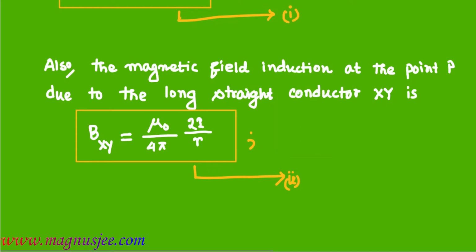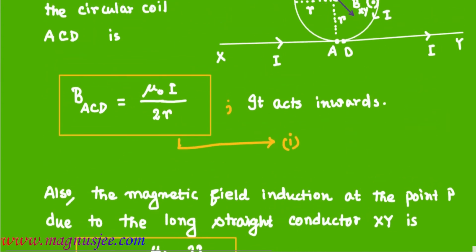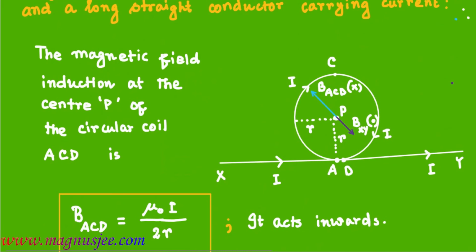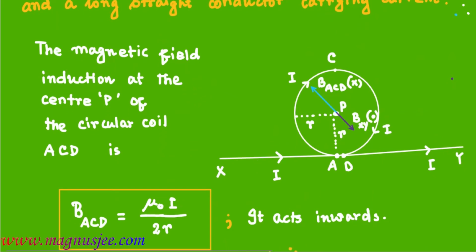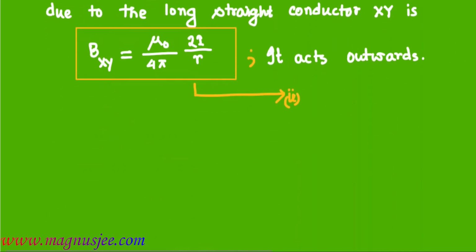We get two magnetic field inductions, BACD and BXY. BACD acts inwards and BXY acts outwards.